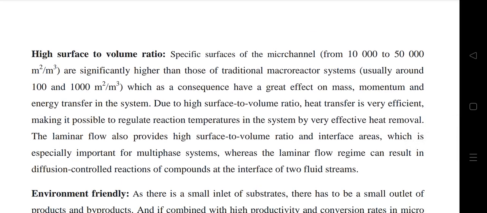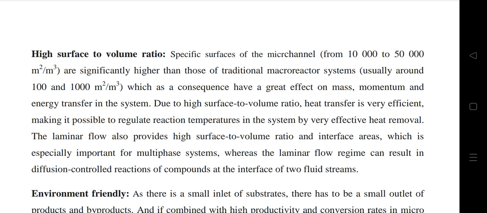High surface to volume ratio. The specific surface of the microchannels is significantly higher than that of traditional macroreactor systems, which has a great effect on mass, momentum, and energy transfer in the system.